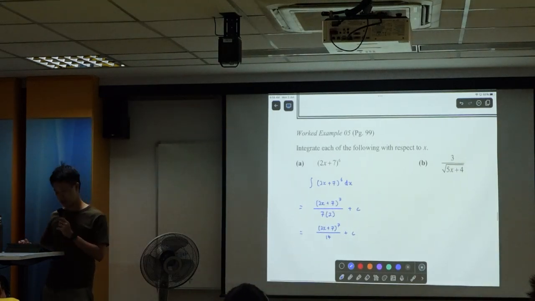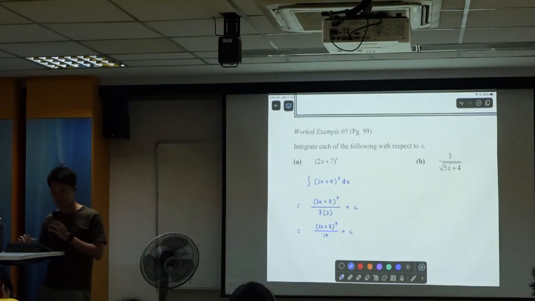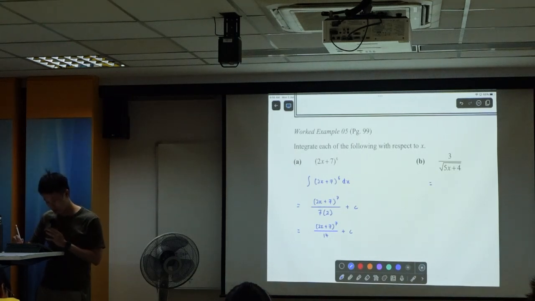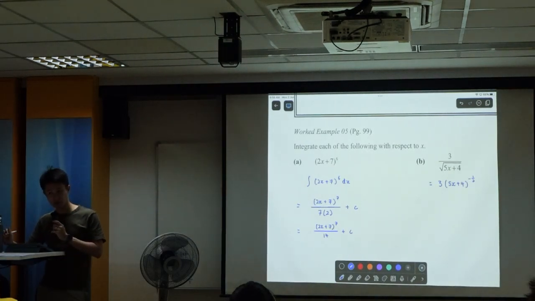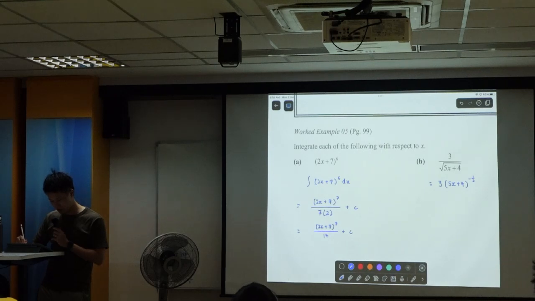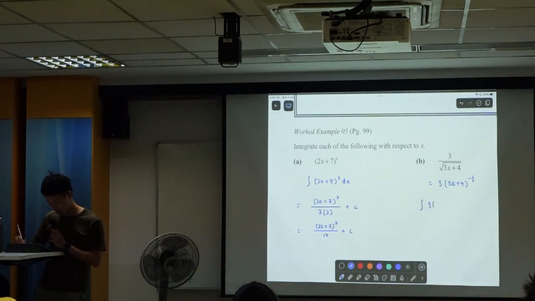Next, if you have a surd form, as I said, all surd forms you can express in index form. So this index form will be negative half. What you're trying to do now is integrate 3 times (5x plus 4) to the power of negative half dx.